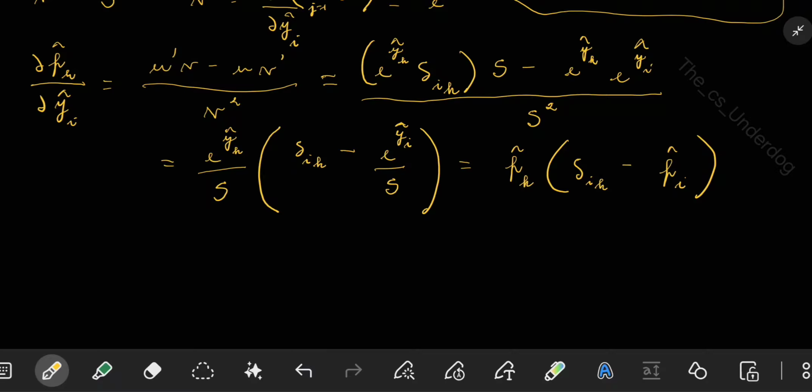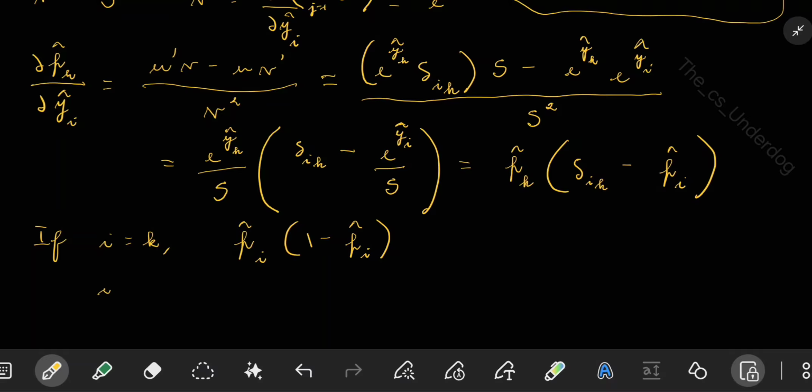First part is, if your i is equal to k, then what happens? Then my del ik will be equal to 1. Then what will this become? This will become pk cap into 1 minus pi cap. So in this case, because i equals k, here I can either write pk cap or I can write pi cap. Both are one and the same.